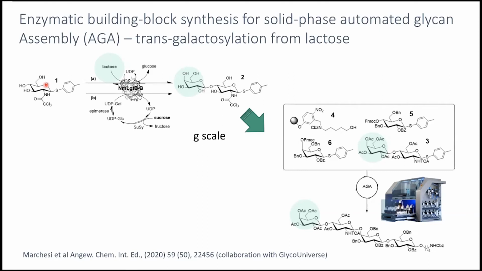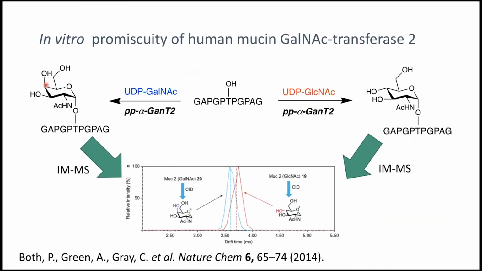We then managed to put that into the GlycoNet system. This was a collaboration with GlycoUniverse, and we could show that we can indeed use this enzymatically assembled building block for chemical synthesis. And we find that quite a lot of enzymes, not all, but a lot of enzymes, could tolerate galactose and glucose together. So another enzyme is this mucin GalNAc T2 transferase, which is involved in the first glycosylation step in mucin biosynthesis, one of the many enzymes in humans.